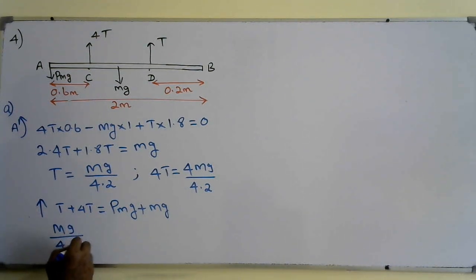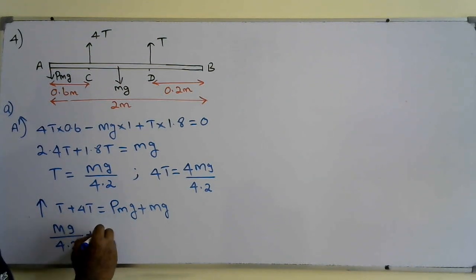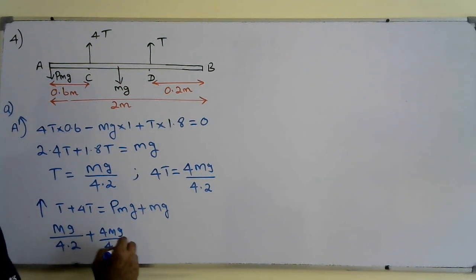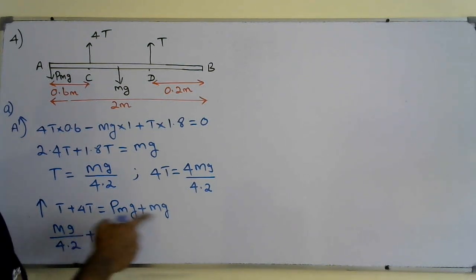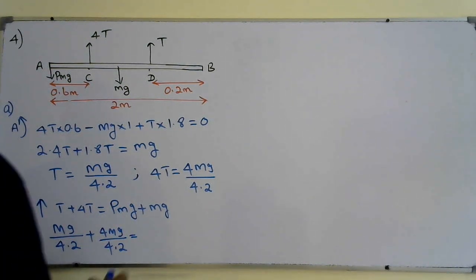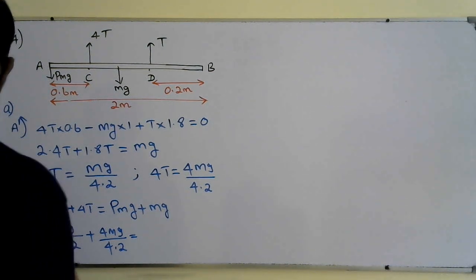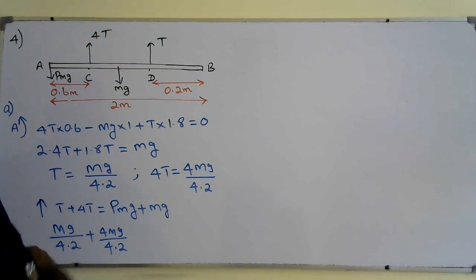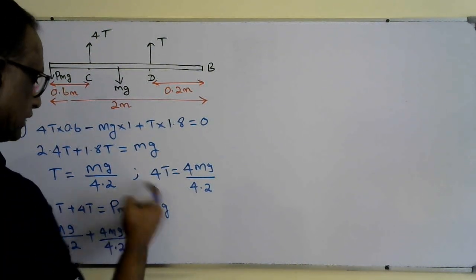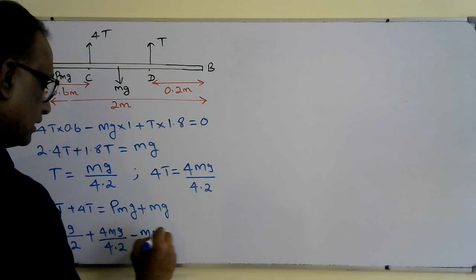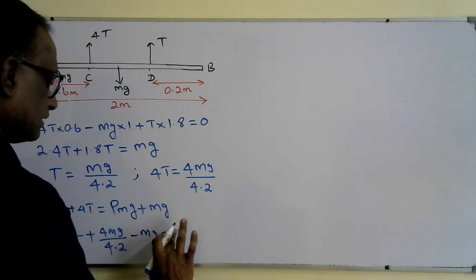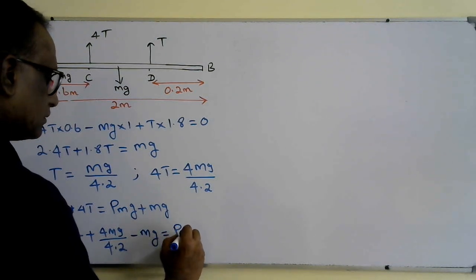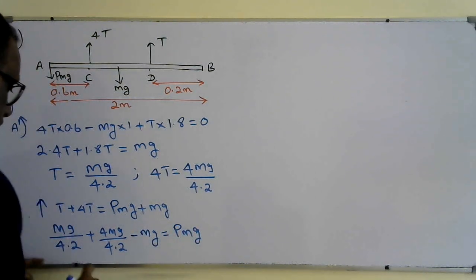Now for T, you can substitute mg over 4.2, and for 4T, 4mg over 4.2. So bring the mg to the left, minus mg, equal to PMG.